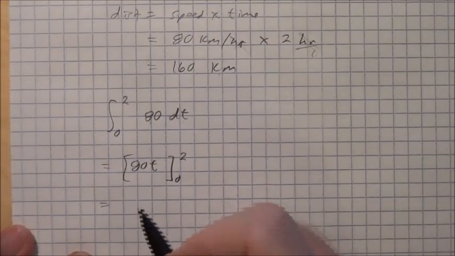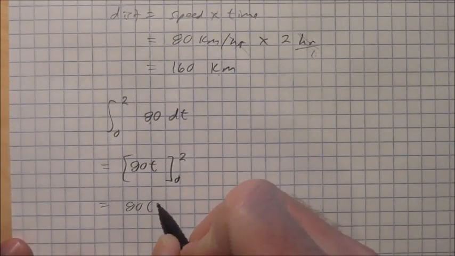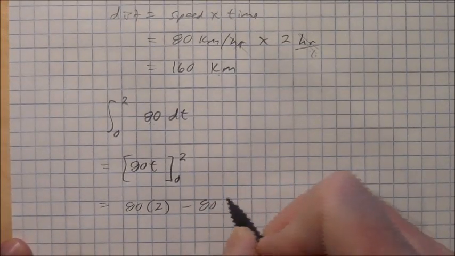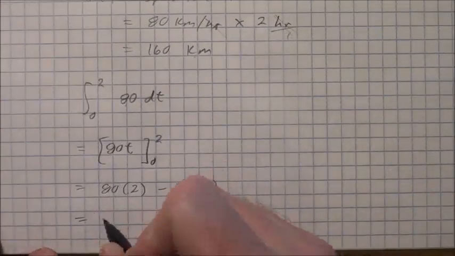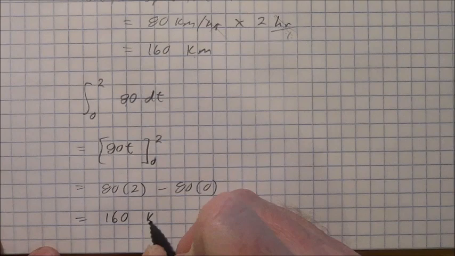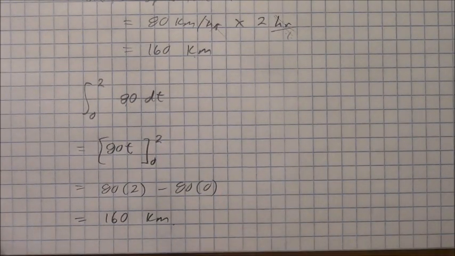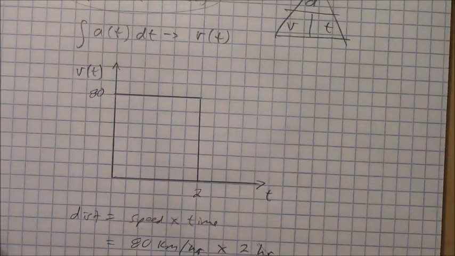When we substitute, we get 80 times 2 minus 80 times 0, which gives us 160 kilometers, just as we saw earlier. So that's one application of kinematics, with a very basic function.